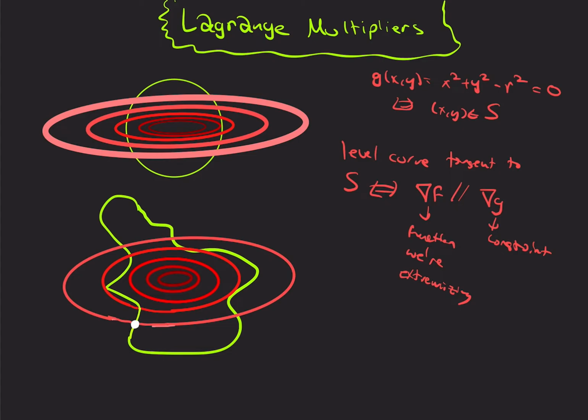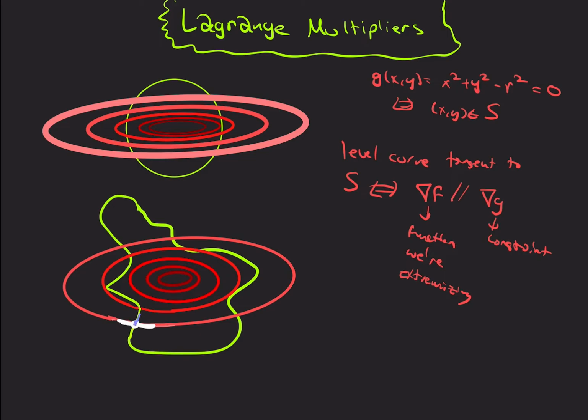So if I look now at the level curve, the level curve here locally looks like that line. The point is that the function is constant along that line, and the function itself will increase fastest along the gradient.